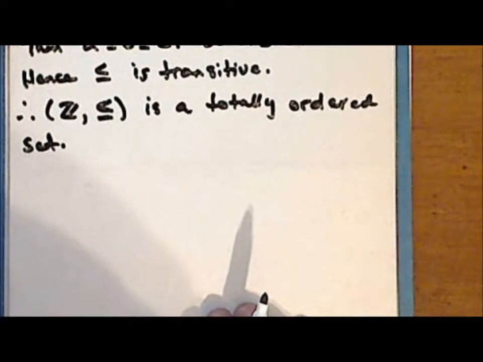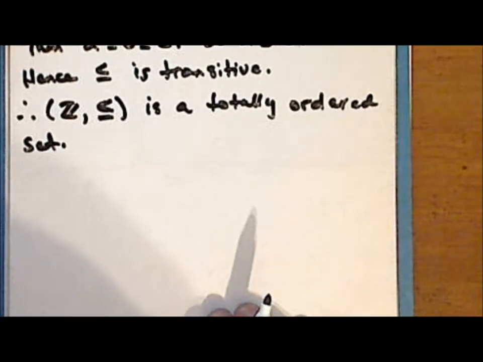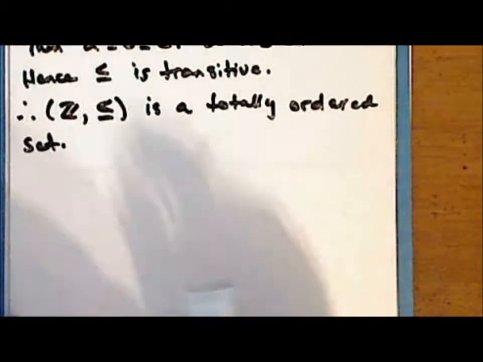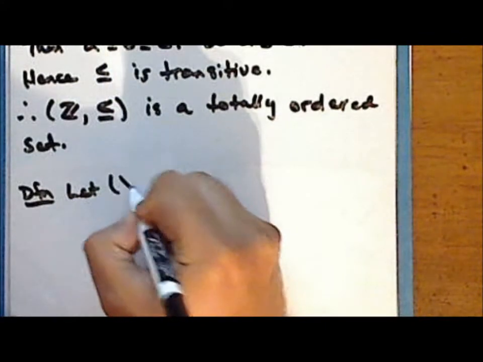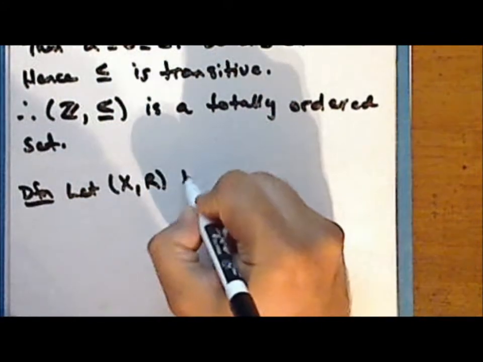Okay, so next we will begin to explore the concept of the extrema of a poset. So let the set X together with some relation R be a poset.